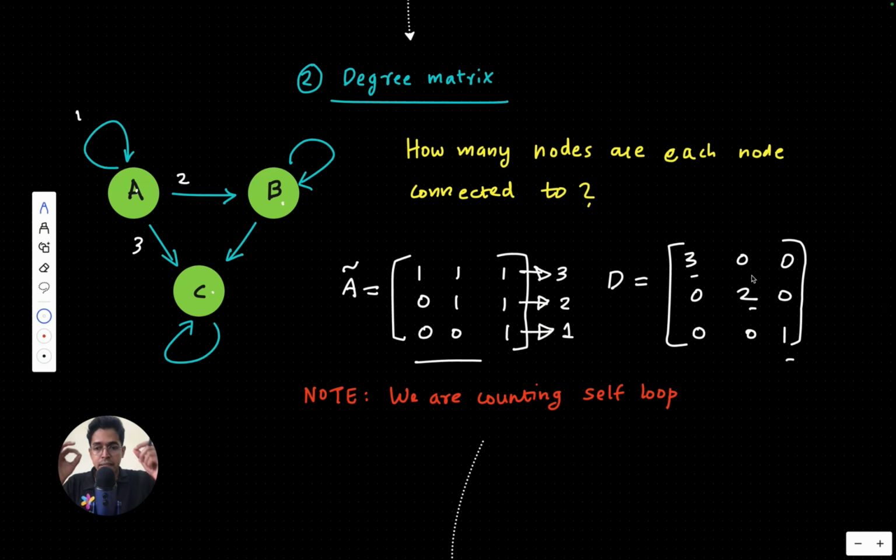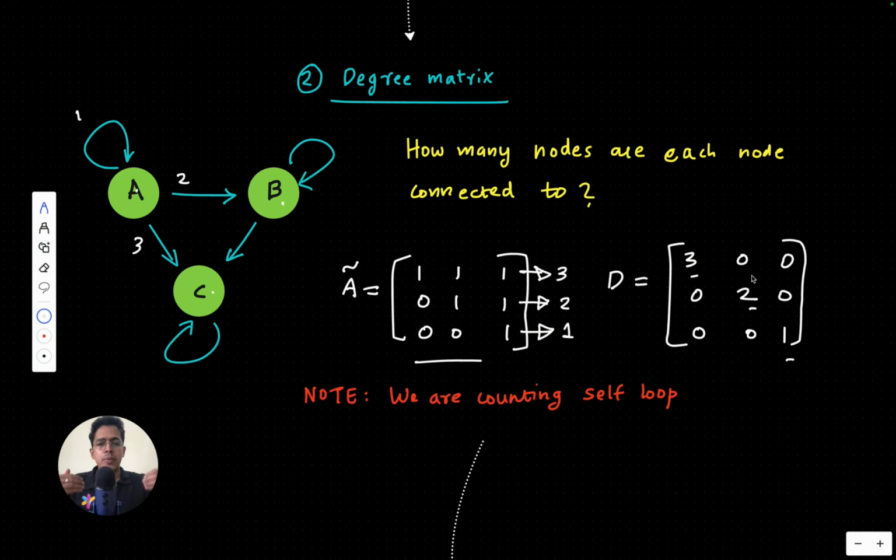Now, if we do feature aggregation, as you will see in the next step, what may happen is that if a node is connected to many other nodes and we don't account for the fact that this node has so many edges, then we may blow up its feature because all the features will get added.